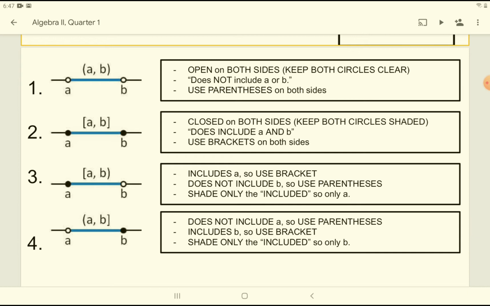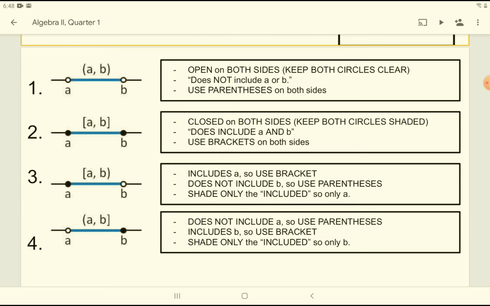And number 3, same line segment, except A is shaded and B is open. So again, we're only going to give a bracket to the shaded part. Okay, so it does not include B, so we're going to use the parentheses because it's an open circle.